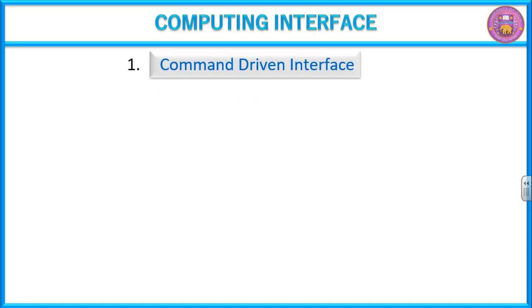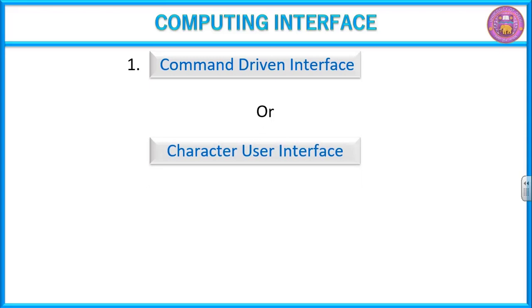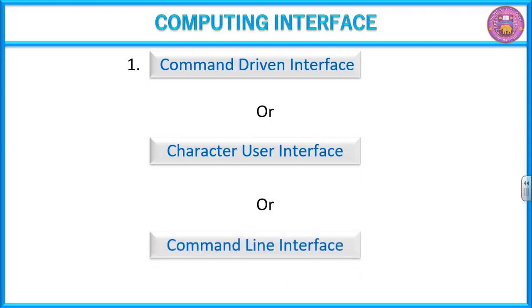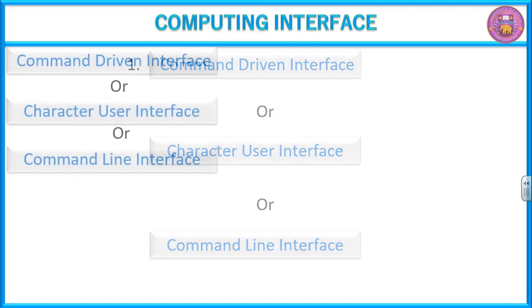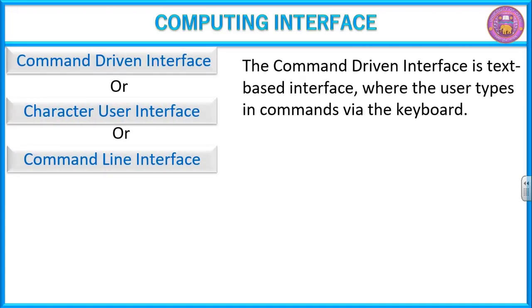The first one is command driven interface or character user interface or command line interface. These are one and the same thing, as we already said it. The command driven interface is text based interface where the user types in commands via the keyboard.